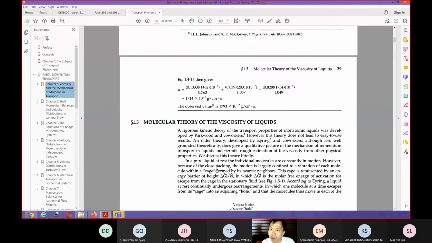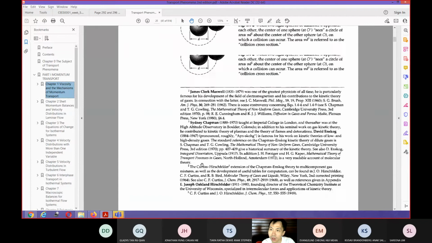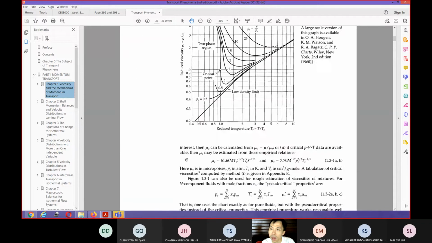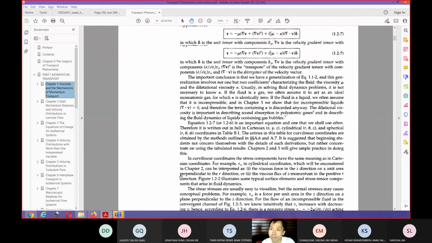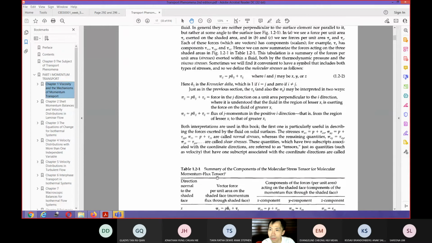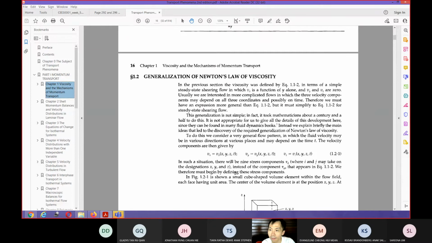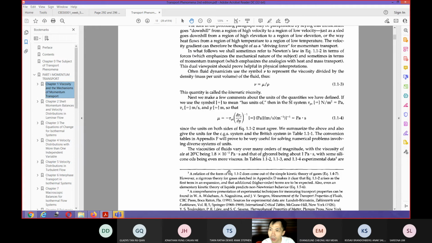So let me go up to the molecular. Does it appear in here or not?